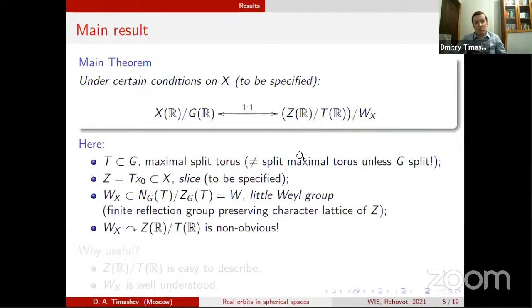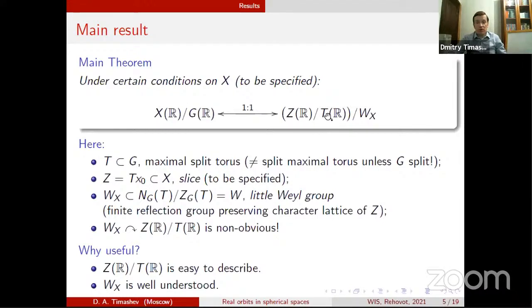And let me say why it is useful, why we find it useful. The first point is that the orbit set of T(R), of real T, on real Z, is easy to describe.